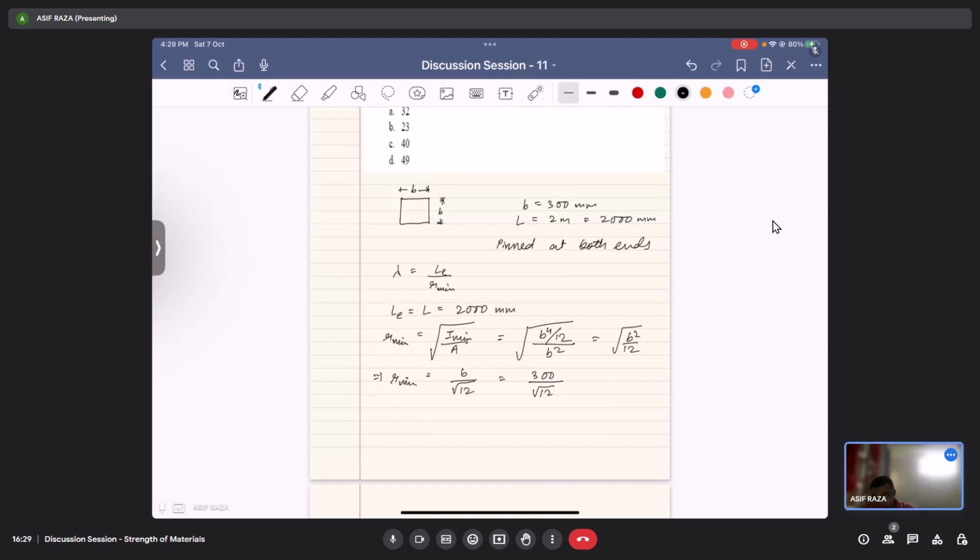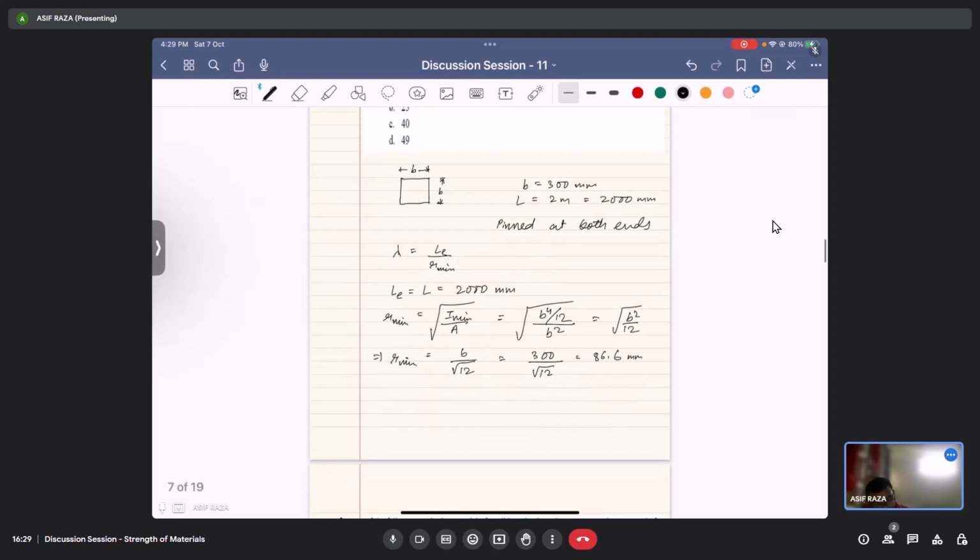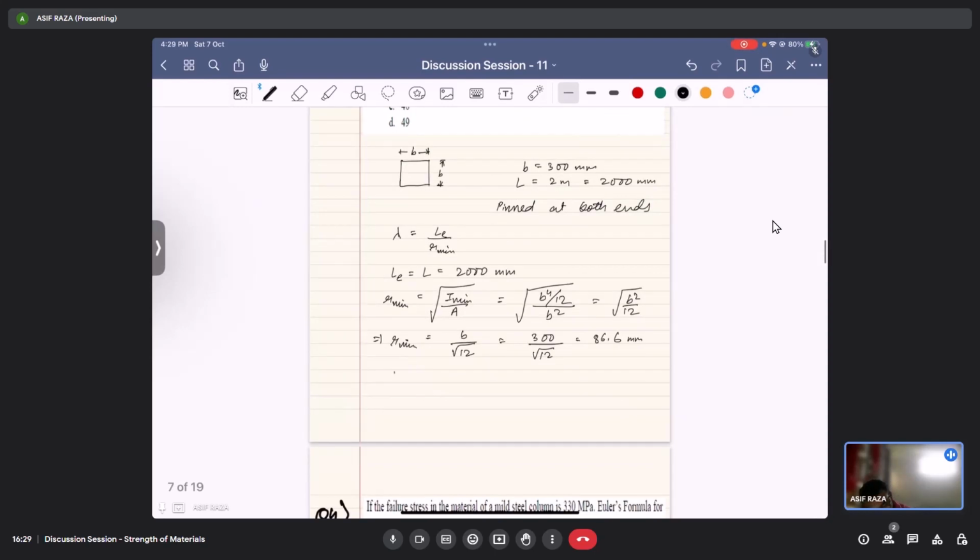Find the value. So this is 300 by root 12. So this comes around 86.6 millimeter. Now to find slenderness ratio lambda, that would be equal to 2000 upon 86.6.